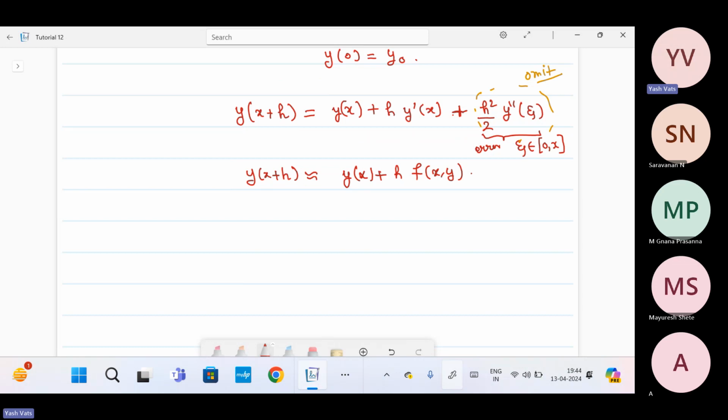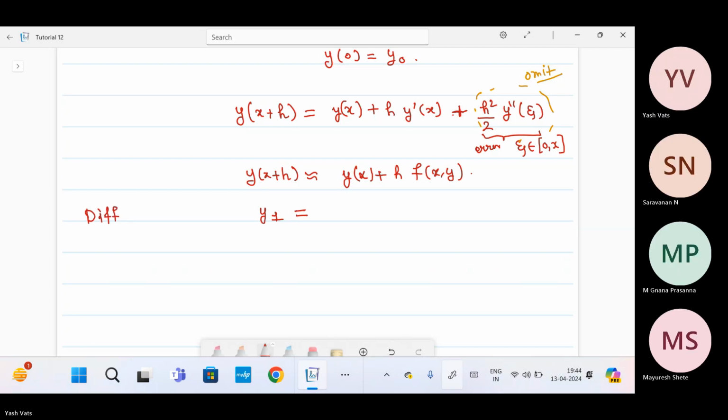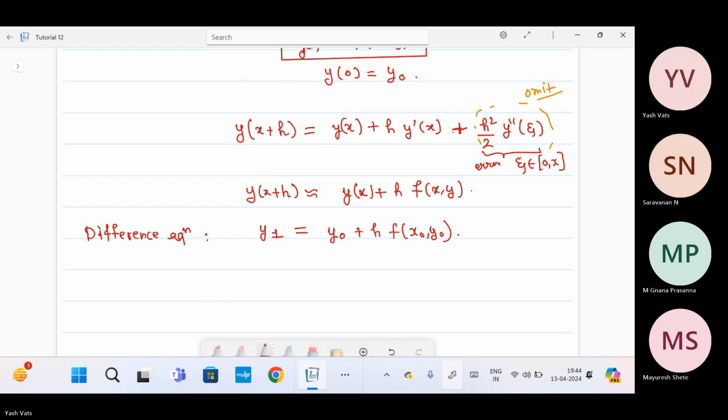So this is basically your difference equation. y1 is y naught plus h f(x naught, y naught). Similarly, y2 is y1 plus h f(x1, y1), and so on.